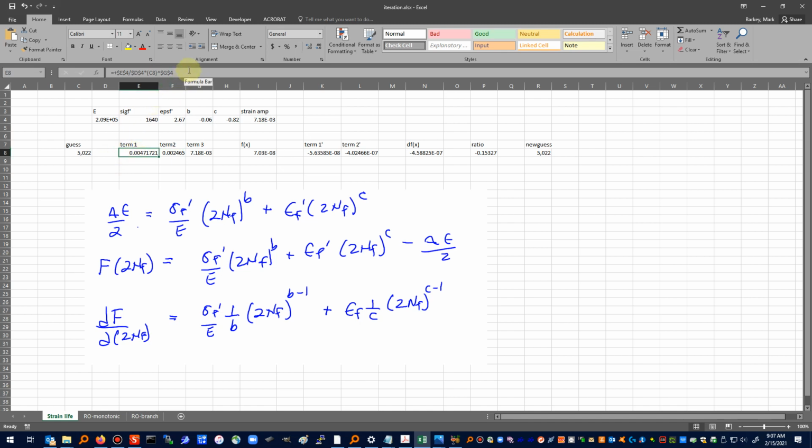Okay, so my term 1 is sigma f prime over E times 2Nf, this is reversals, to the b power. My second term is epsilon f prime times 2Nf to the c power.